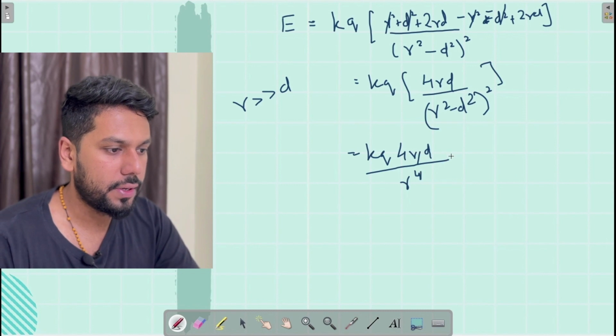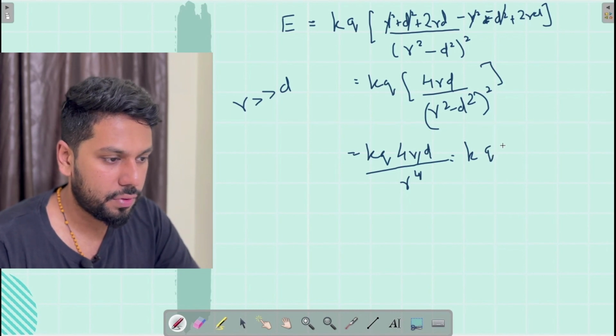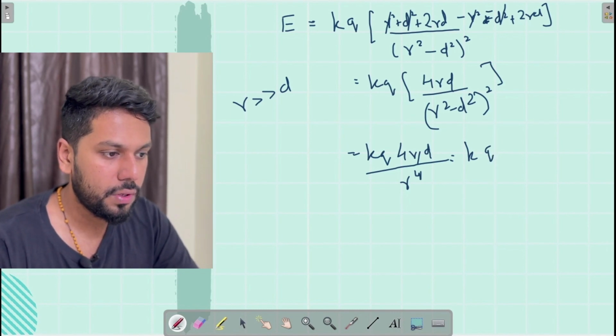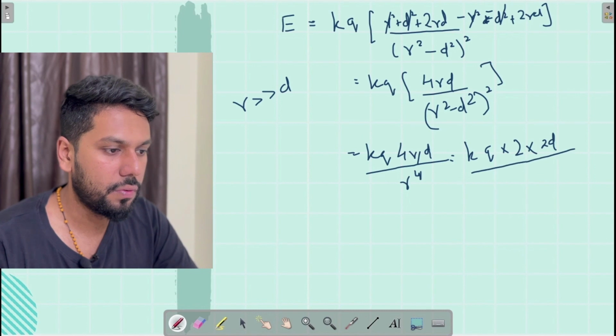So R will get cancelled and you have KQ into 2 into 2D divided by R power cube.